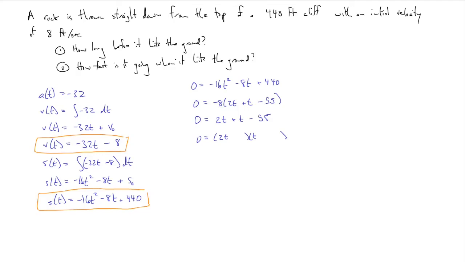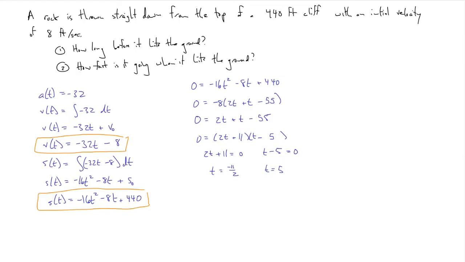You both have to memorize it properly, and then you also have to compute it properly, and I've seen mistakes of every sort. It's always easier if you can factor, so let's take a stab at factoring. And it turns out that 2t plus 11 times t minus 5 works. 11 times negative 5 is the negative 55, and then we've got 11t and negative 10t, and that gives us the t over here. And solving this equation, we get that t is either negative 11 halves or 5.